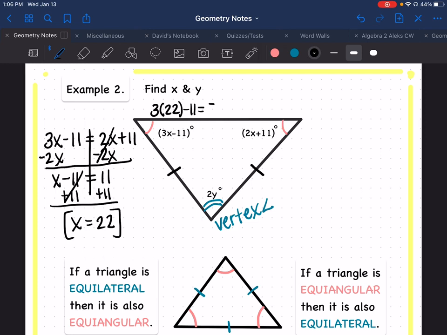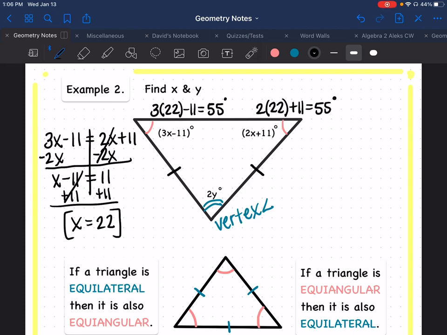I plug that in my calculator and I get 55 degrees. Now I know that the other one is also 55 because I have marked them as equal. That's what these peach marks mean. But if you're not sure, you can always plug it in. 22 times 2 plus 11, and you do get 55.